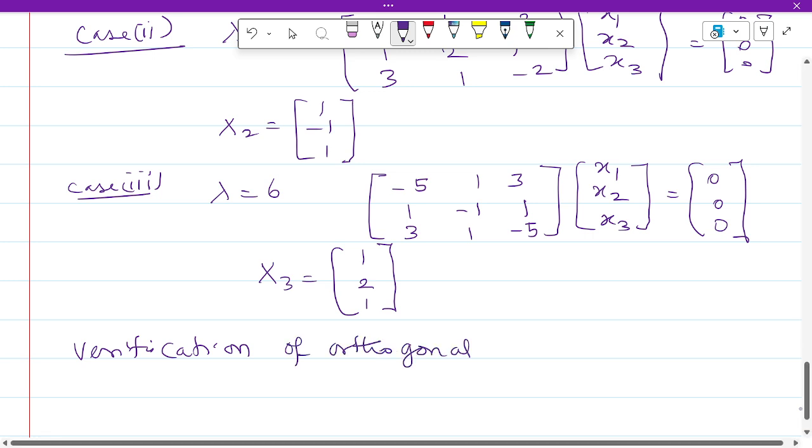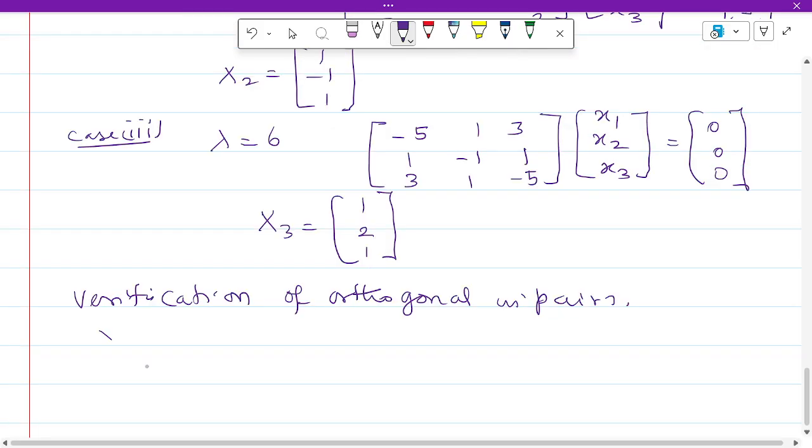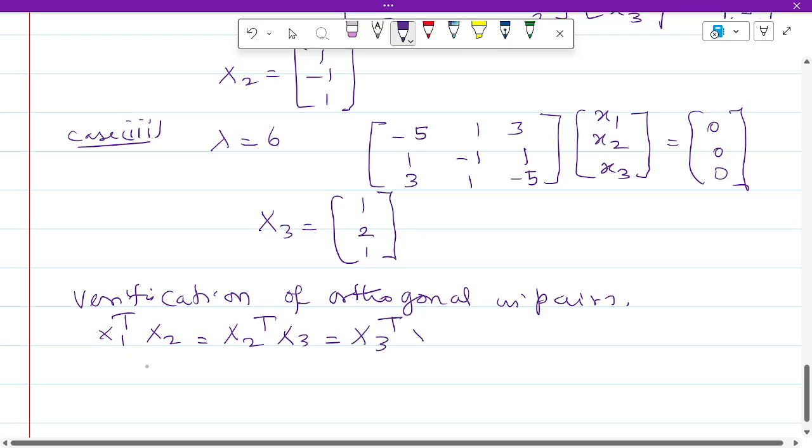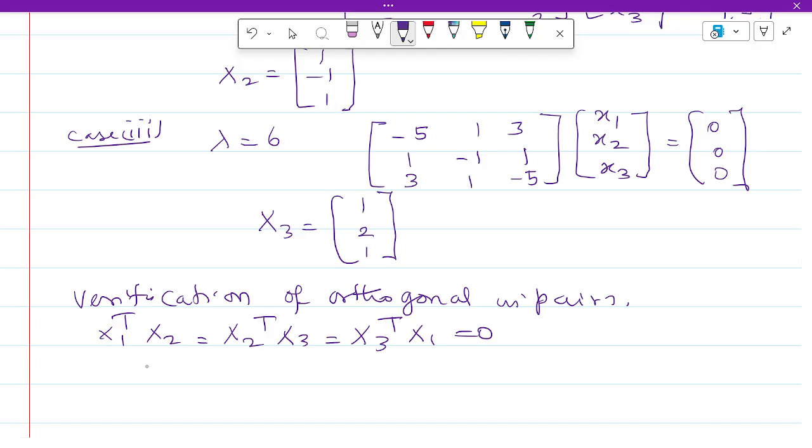So what is the orthogonal verification? It is x1 transpose x2 equal to x2 transpose x3 equal to x3 transpose x1 equal to 0. So you have to verify this.